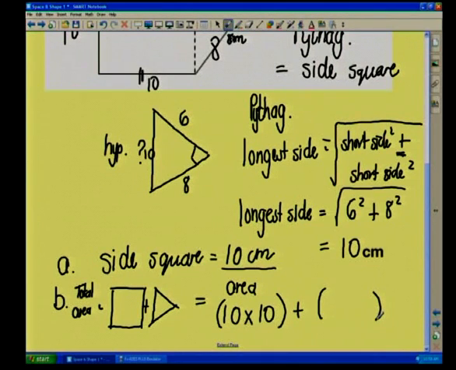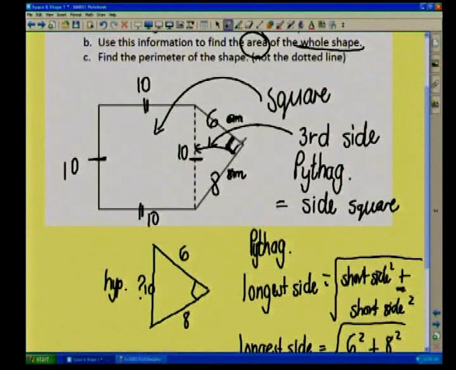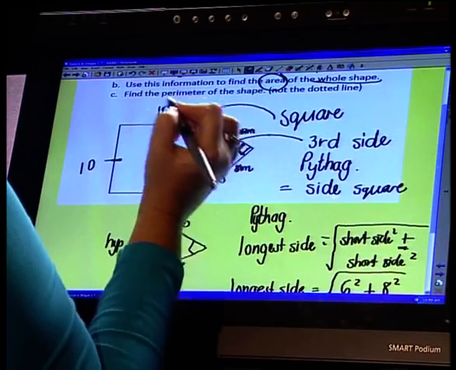The formula for triangles is half base times perpendicular height. And we need to be really careful with this one. Let's go back to our original diagram. You can see that this is my right angle here. So either this is my base and that's my perpendicular height, or this is my base and that's my perpendicular height.